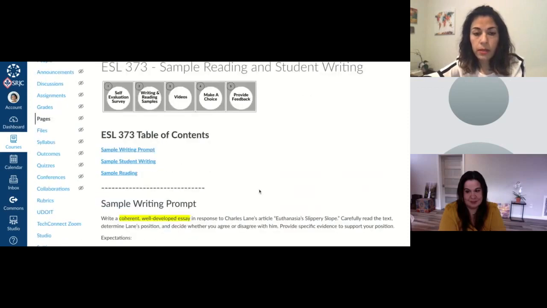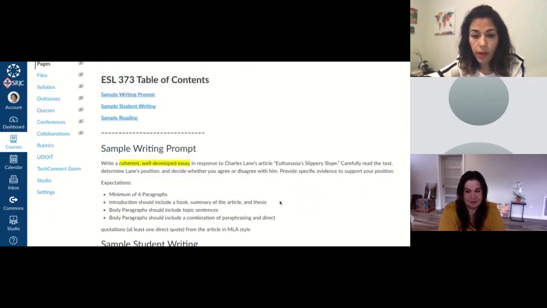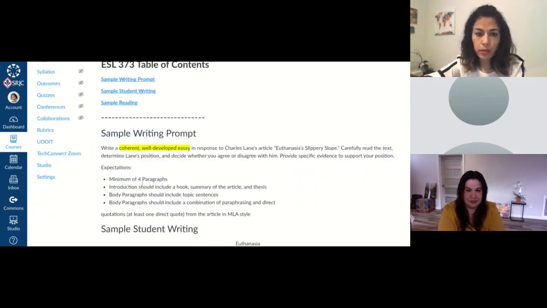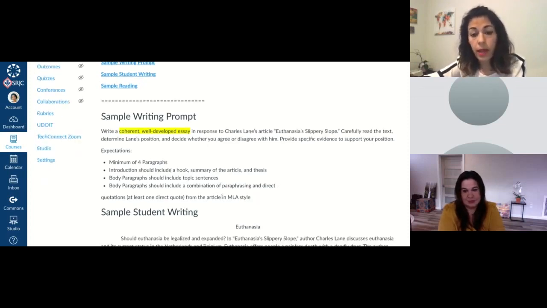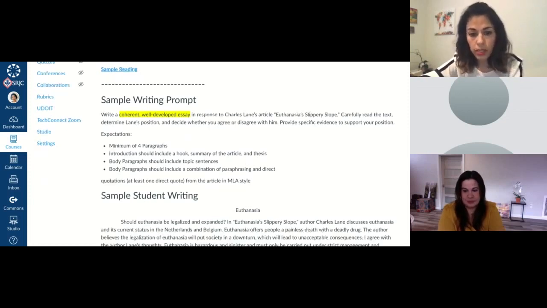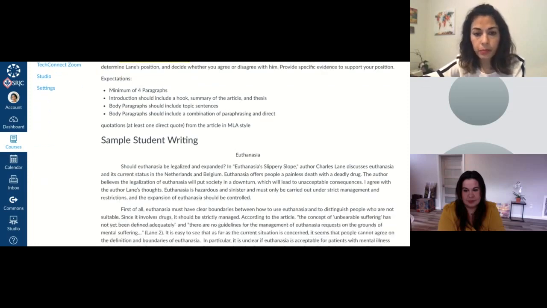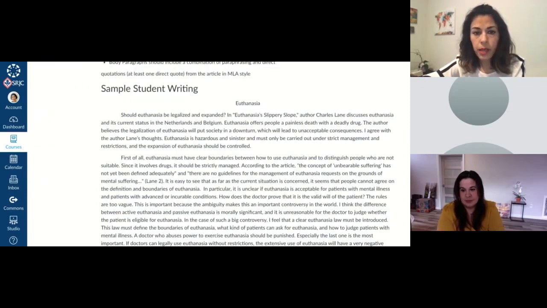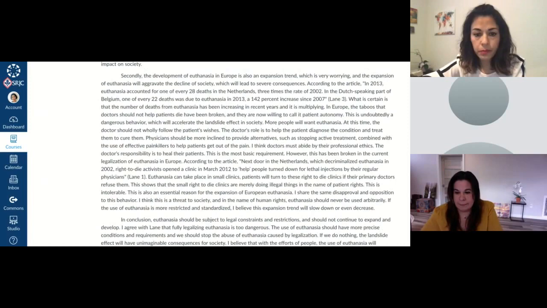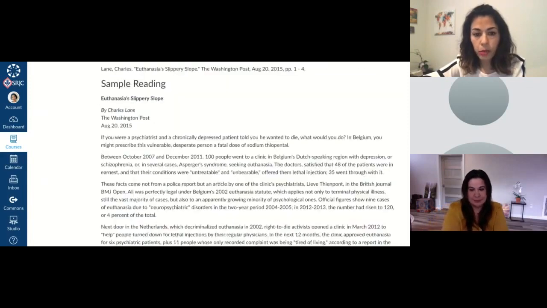ESL 373 is now a 5-paragraph essay. Oh, it's still a minimum 4-paragraph essay. Now it has to have a thesis statement. It has to have a combination of paraphrasing and direct quotations using MLA. Here's a sample student writing, and here's sample reading.